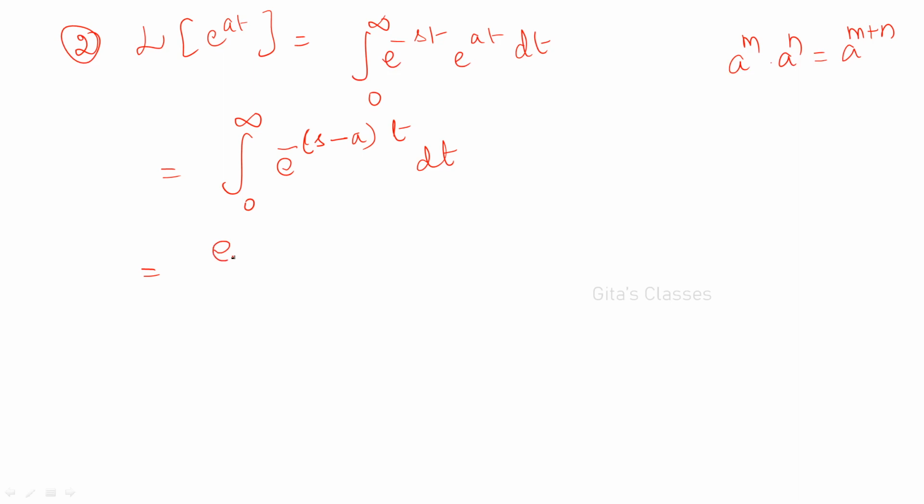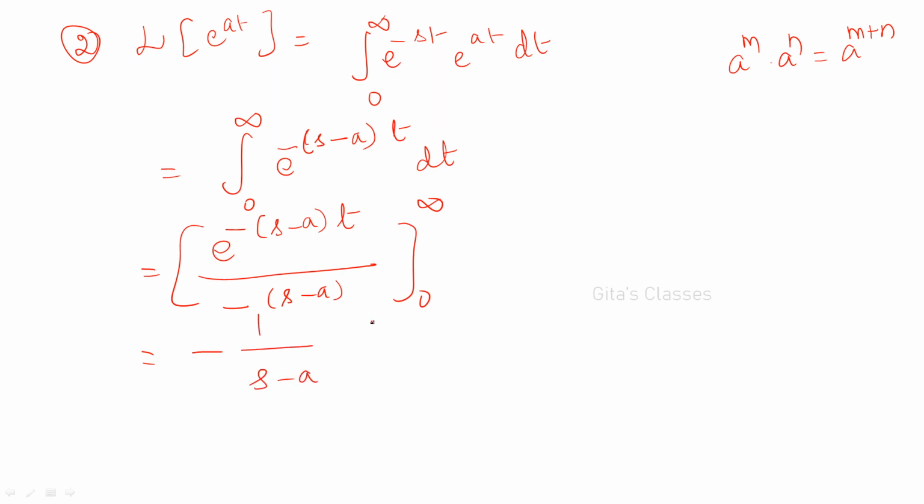If you integrate e power minus of s minus a into t divided by minus of s minus a from 0 to infinity, I can take this minus 1 by s minus a outside, and in the limit you substitute e power minus infinity and e power 0, because in the place of t, the variable with respect to which you are integrating, you have to substitute the limit.